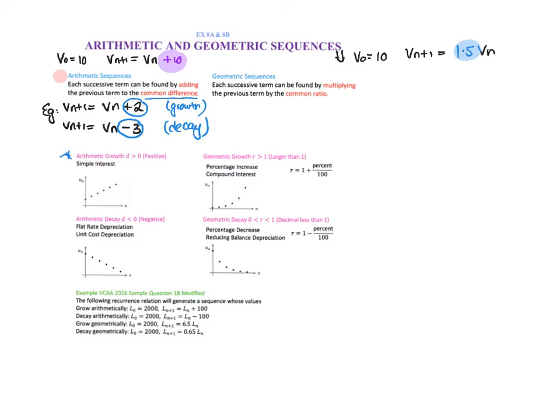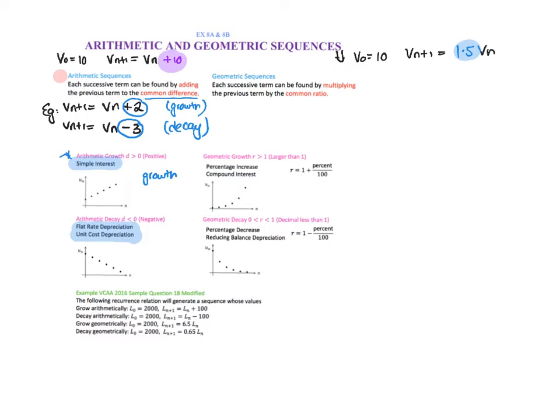So an example of that is simple interest. So you've got simple interest, and that's an example of an arithmetic sequence that is growth. So you might write that that's a growth. An example of an arithmetic sequence where it is decaying or depreciating is flat rate or unit cost.